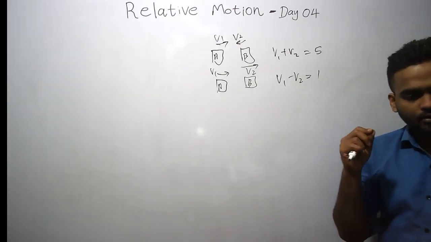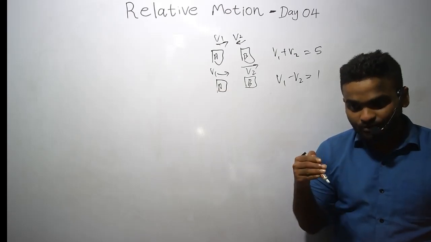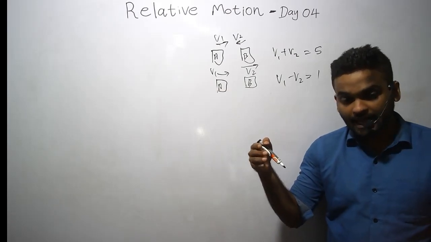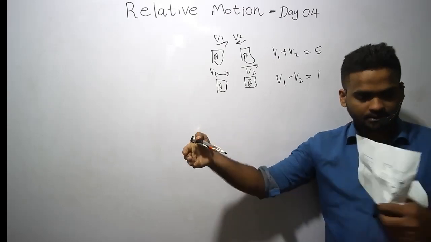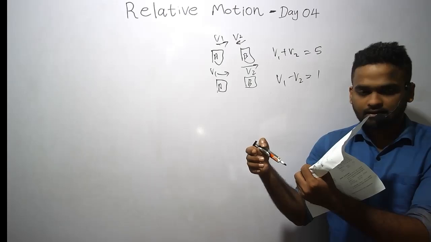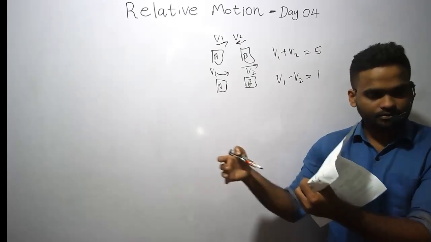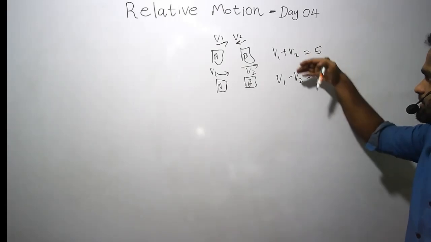So the other thing you have to understand is the rate of change of gap. The gap is changing between objects, meaning it is the relative velocity between those two objects. Got it? Then you just have to simplify this.